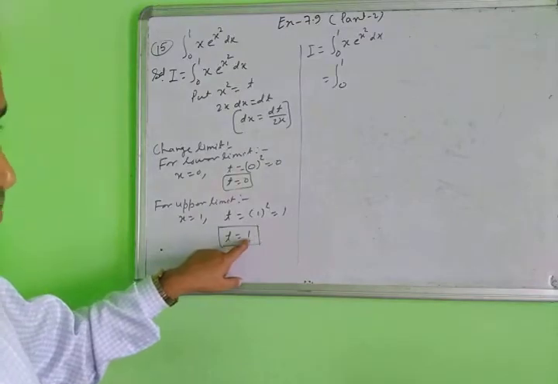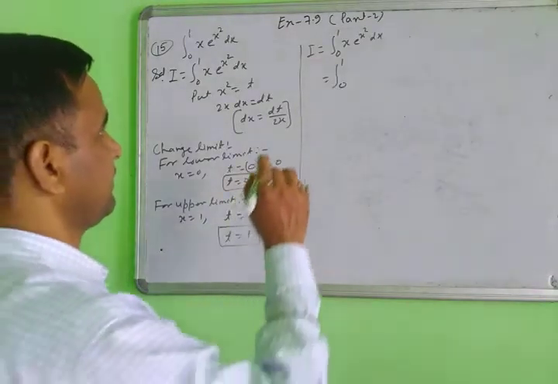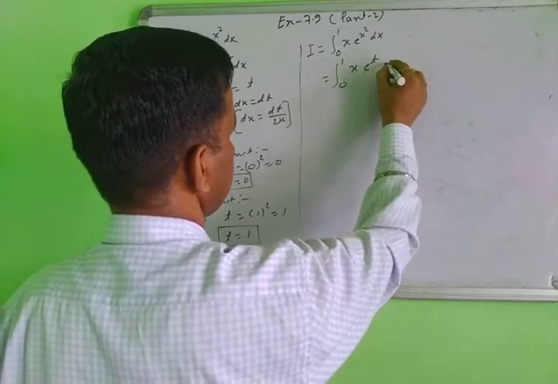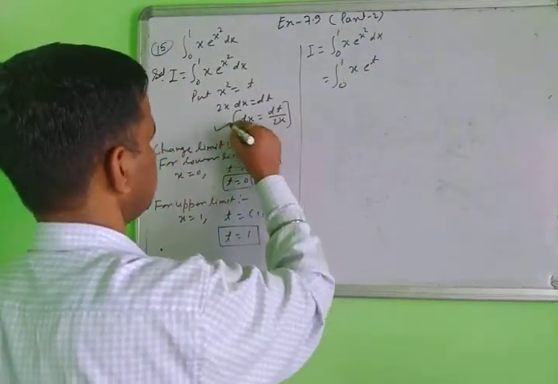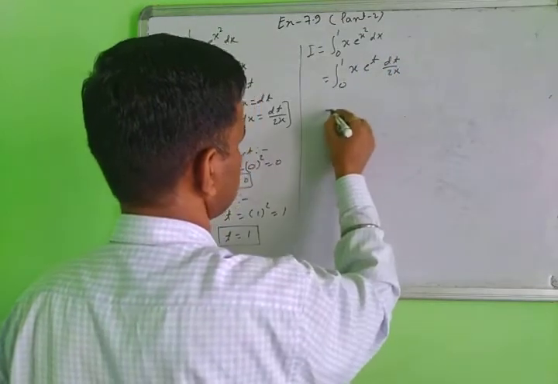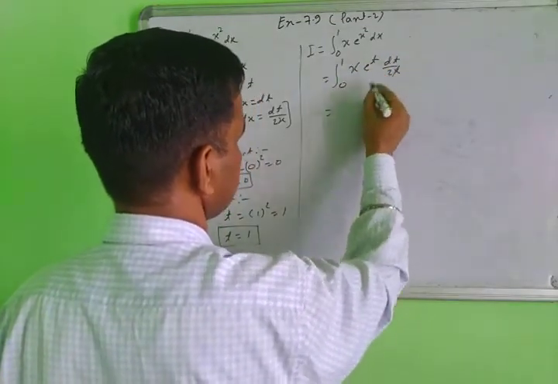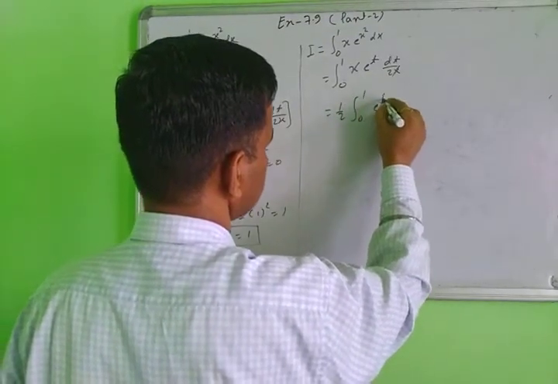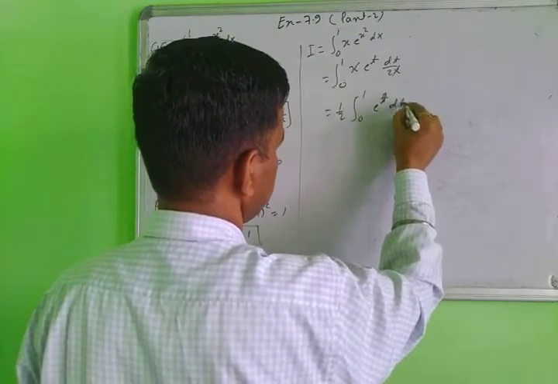Then x² is replaced by e^t, and the value of dx is dt over 2x. This x will be cancelled, taking 1 by 2 outside, the integral from 0 to 1 of e^t dt.